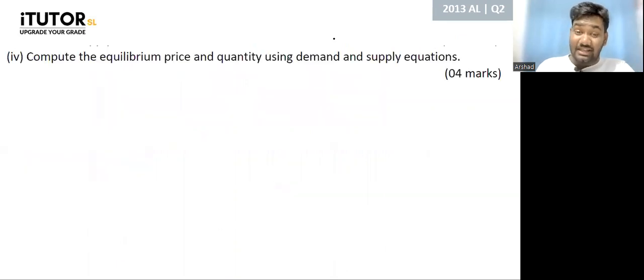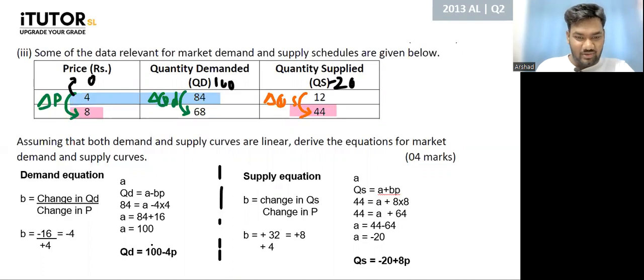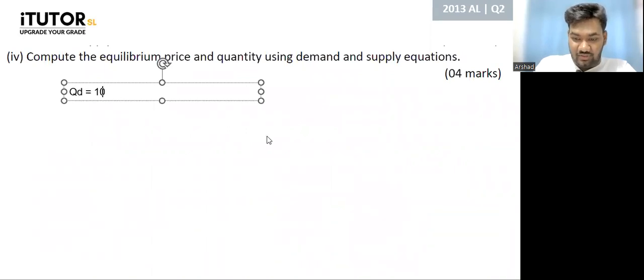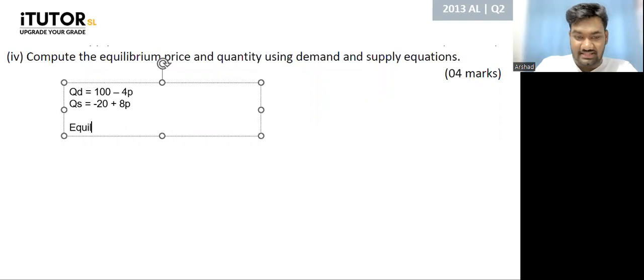Next one is saying compute the equilibrium price and quantity. That I am not going to do for you all. Can you all give me an answer? QD is 100 minus 4P. QS is minus 20 plus 8P. I'm not going to show you how to find this, but can you all give me the answer, guys? How much is the equilibrium price?